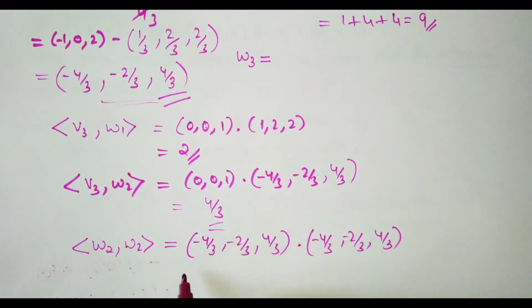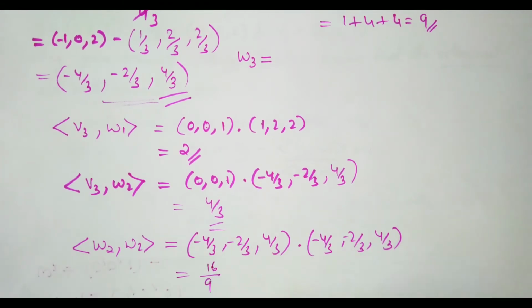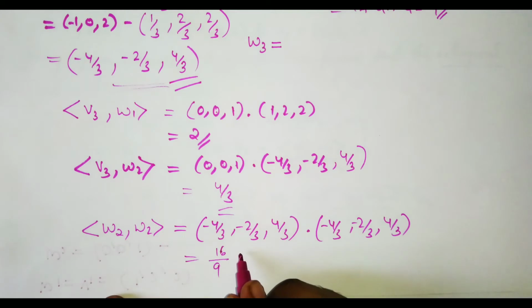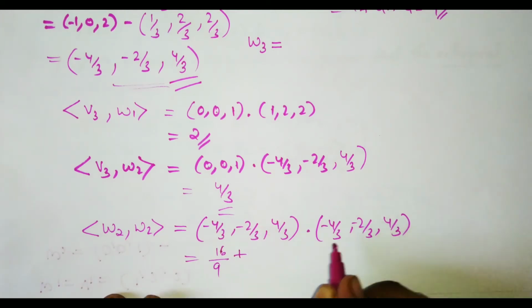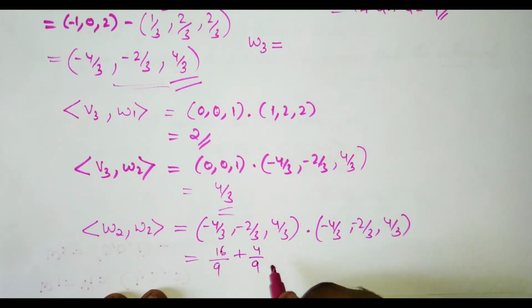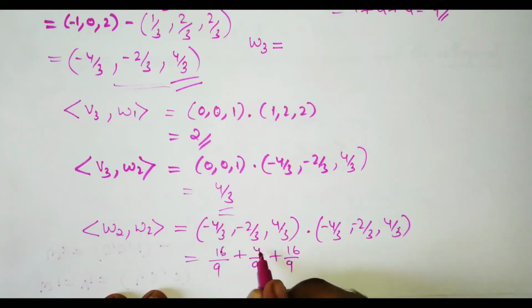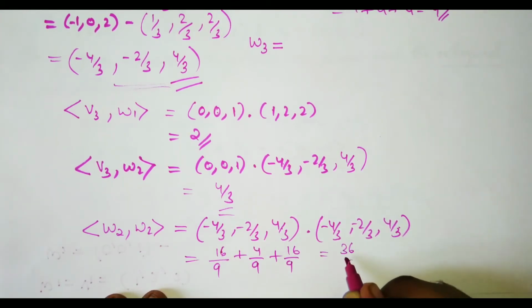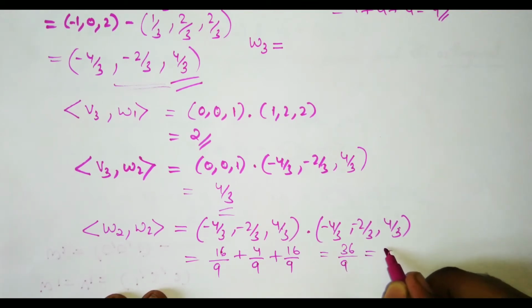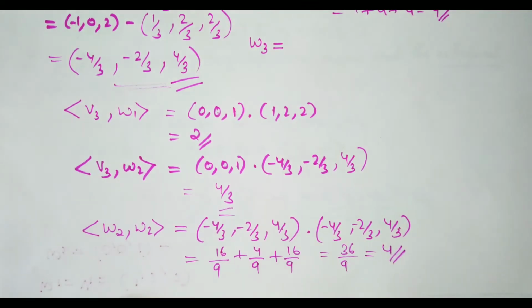Just multiply these two. So minus 4 by 3 into minus 4 by 3 is 16 by 9, plus this into this, it is nothing but 4 by 9, plus this into this, it is 16 by 9. So 16 plus 4 plus 16 is equal to 36, 36 by 9, which is equal to what? 4. So we have got all the values, you just have to substitute.